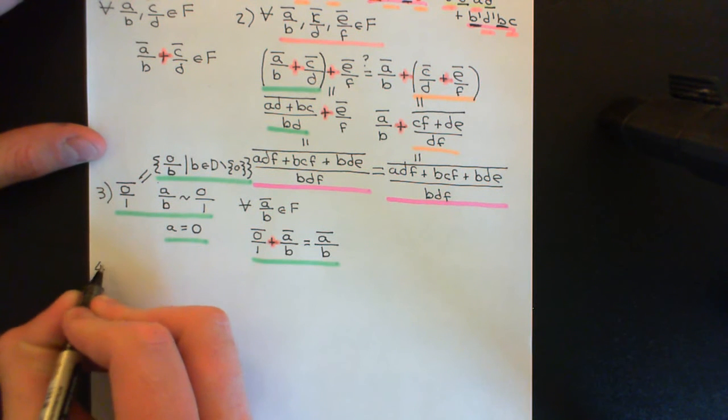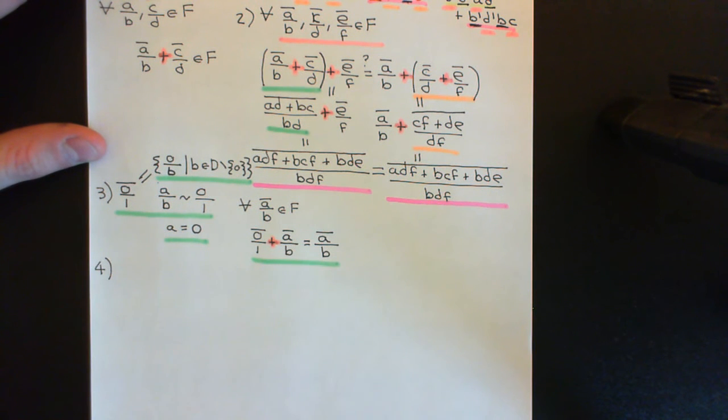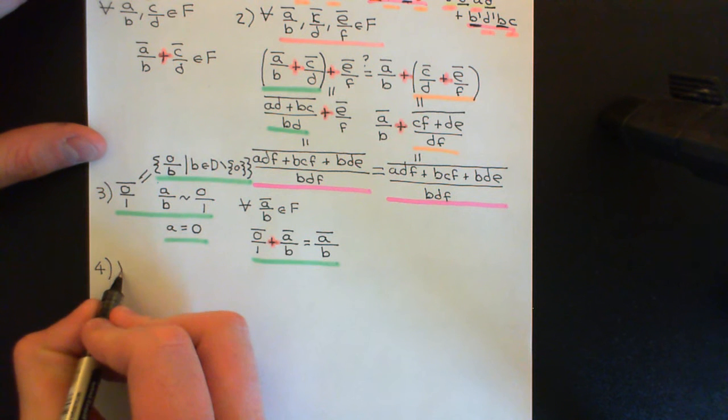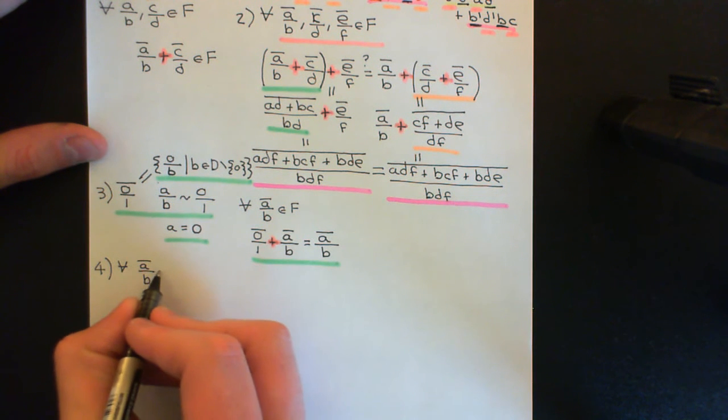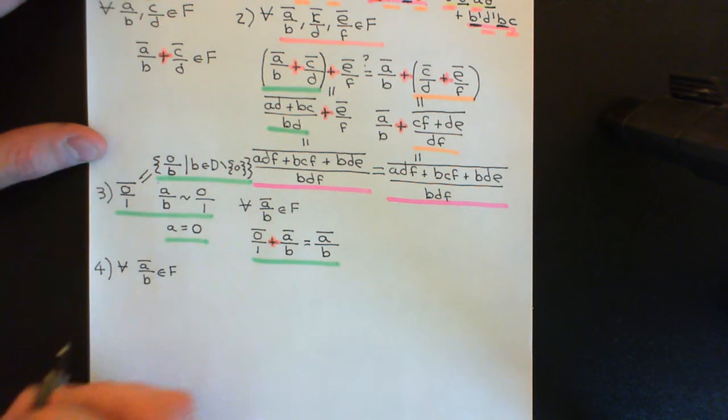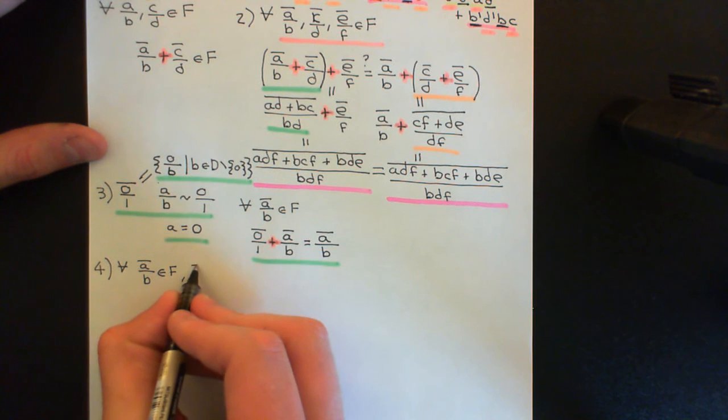Okay, now axiom number 4, I want to make sure that there are additive inverses. So if I take an equivalence class of fractions here, a over b bar, which is an element of the field, I want to prove that there exists an additive inverse.